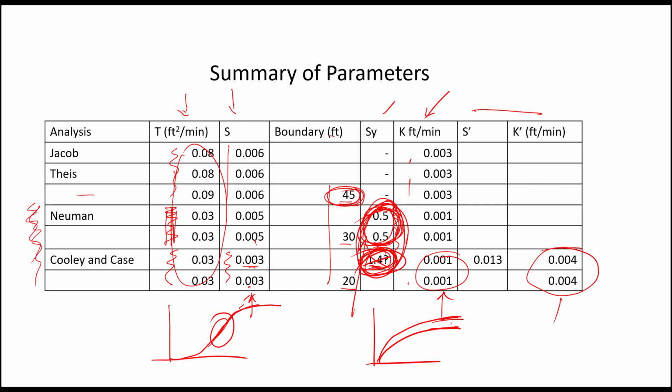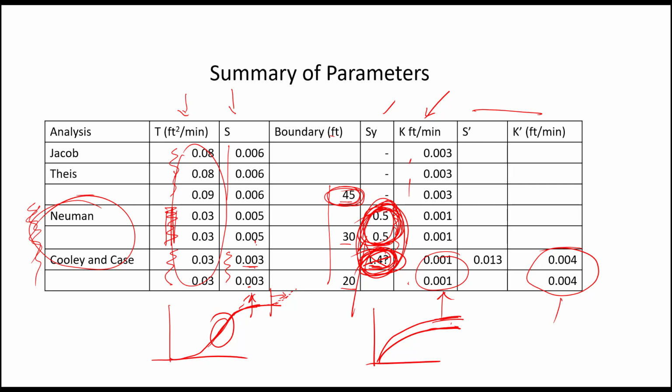And I think this break in slope is because of the specific yield, and the pores are draining, and that's causing the slope to flatten. Now we saw that these solutions are indicating that the drawdown will increase, but we haven't seen that in the data. So there may be some other things at play that are extending out the time when the drawdown will increase in our field case. That'd be something we'd want to watch out for.